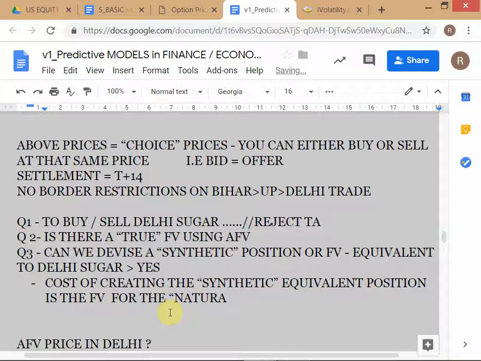Natural market here means I'm just contrasting it with synthetic. The natural market example here is Delhi sugar.